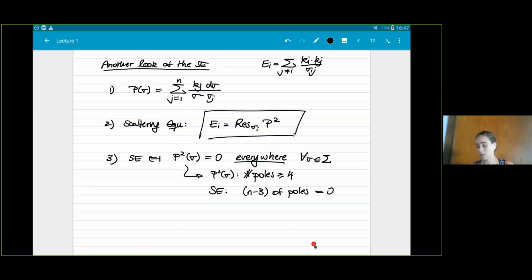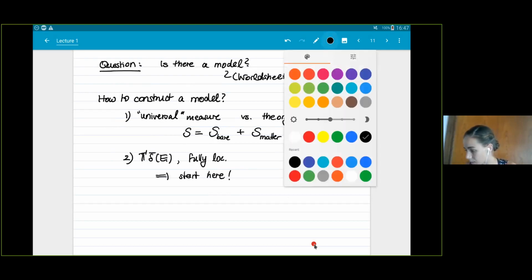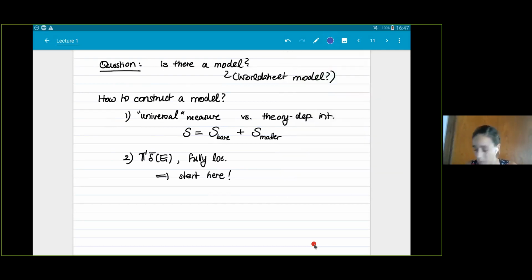Okay, so that now gives us a much better basis from which to build our model. So remember, on the last slide, we said we want to construct a bare action and a matter action, and we'll focus first on the bare action. And what it should do is it should somehow encode all of the things that we learned about the scattering equations.